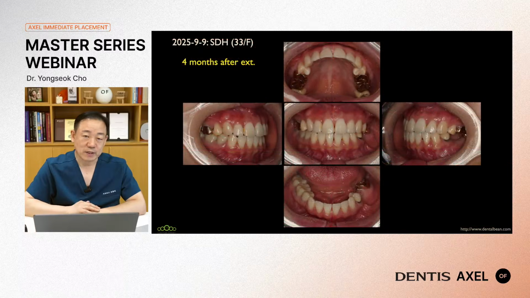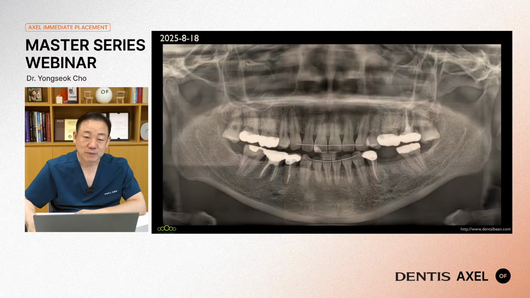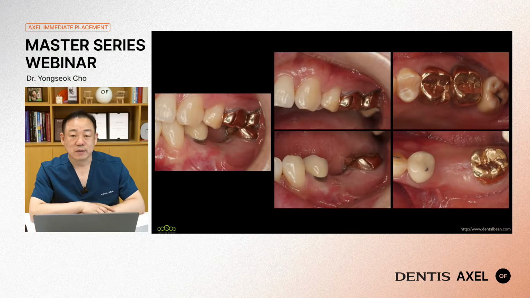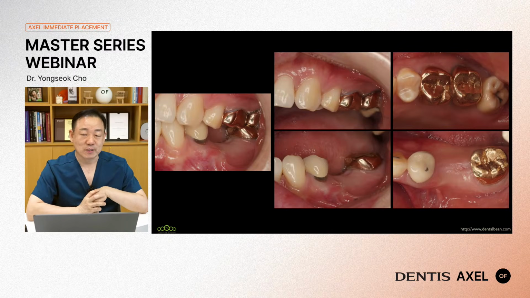I waited 4 months for healing, and look at the panoramic image, not bad. We can see relatively well healed hard tissue also, and in the intraoral view, the ridge is slightly reduced, in width about 3 mm and in height about 1 mm.